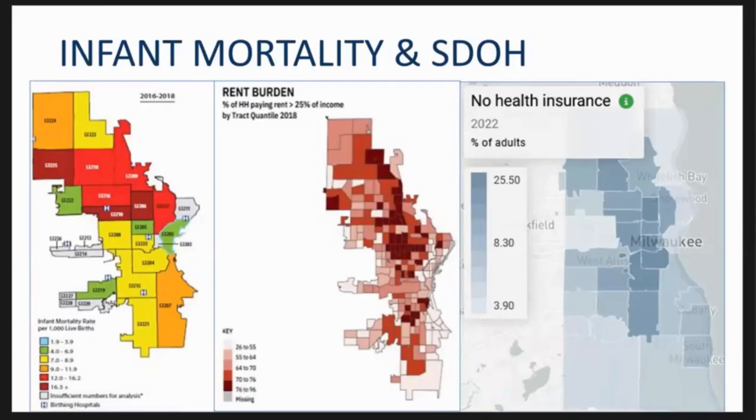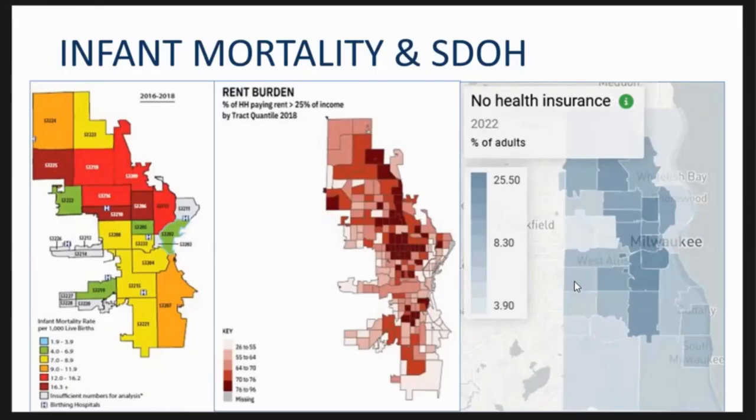The middle graph is Milwaukee GI equity, and so that's rent burden again, and this one is 30% of income, I believe. Oh, 25% of income. So the scale is just a little different than that previous graph, but it is still about rent burden. And then the one on the right is just a map showing zip codes by no health insurance status.